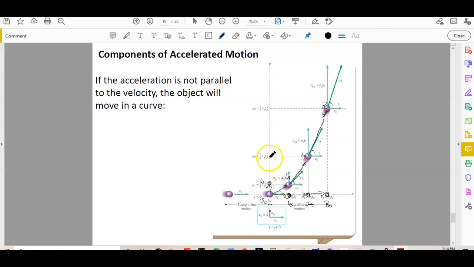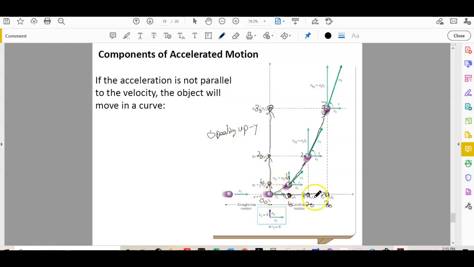So it went this far. And then at the 2 second mark, it's gone a bit further, and then at the 3 second mark it's gone a bit further, right? So if you look at these dots, these arrows, these distances are increasing over time. So this is definitely speeding up in the y direction.